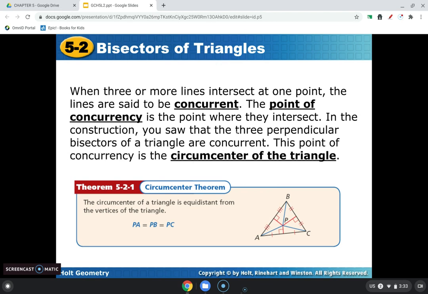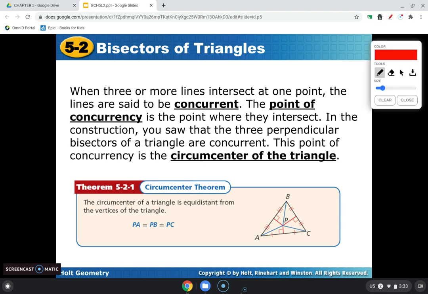This point is called the circumcenter of a triangle. The circumcenter of a triangle is equidistant from the vertices. So if you have the circumcenter P, that means that all those blue lines are the same. They're the same distance to all the vertices. So where the perpendicular bisectors intersect is the same distance to all the vertices.